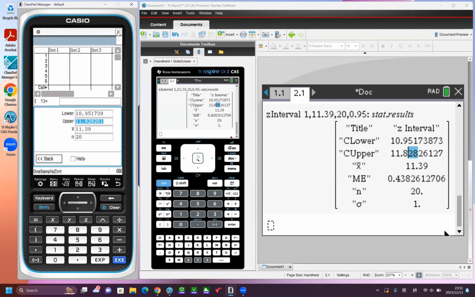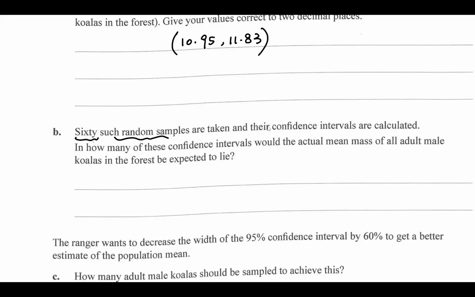All right, so then we move on to the next part. 60 such random samples are taken and their confidence intervals are calculated. In how many of these confidence intervals would the actual mean mass of all adult male koalas in the forest be expected to lie? So this is basically asking, okay, if we have 60 confidence intervals, the confidence level is 0.95.